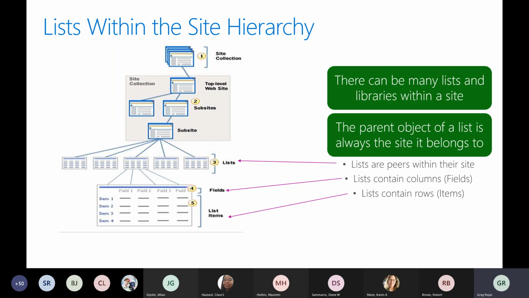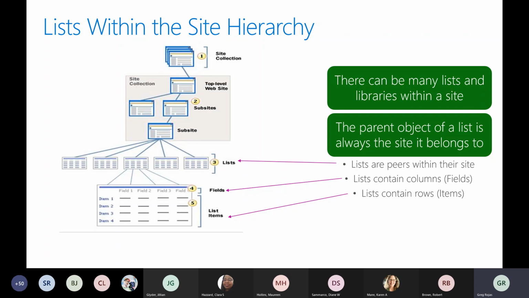Each one of those lists or libraries can contain a maximum, not you, Karen, can anybody take a guess? No Googling, no Binging, no Yahoo, no DuckDuckGo. Don't do an internet search. Just take a guess. What is the maximum number of items a library can have?